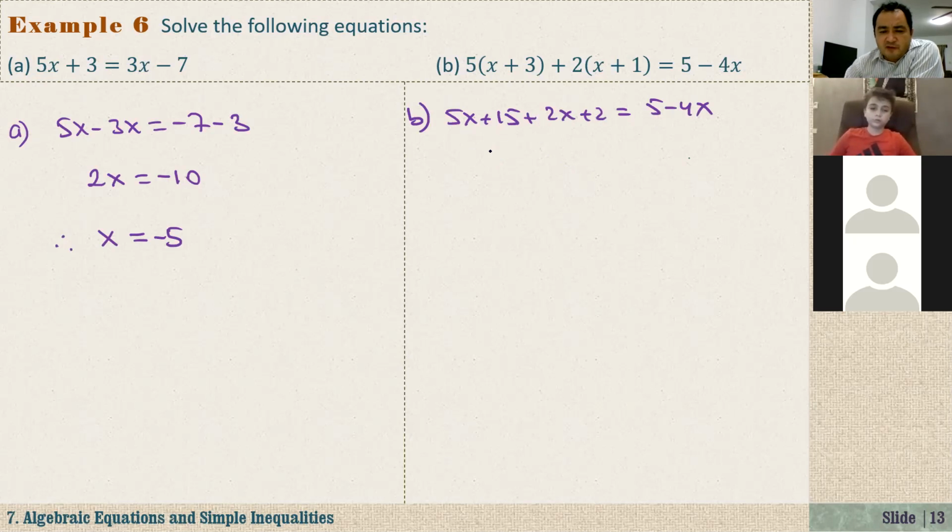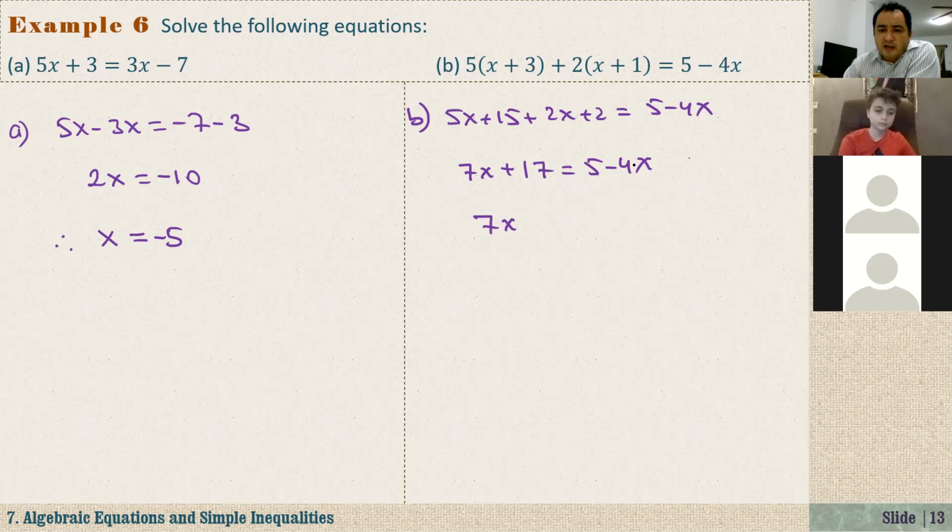We should simplify the left-hand side, right? Every step in math, we try to simplify, then move to the next step. It will be 7x plus 17. Will be 5 minus 4x.